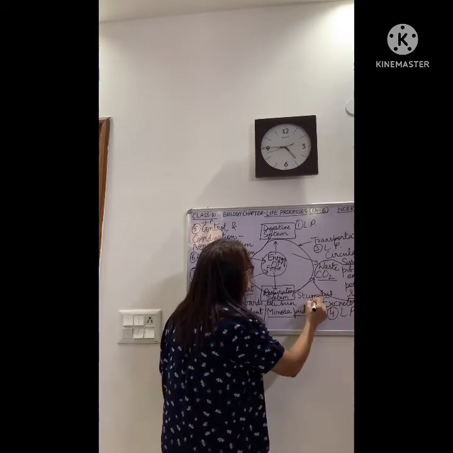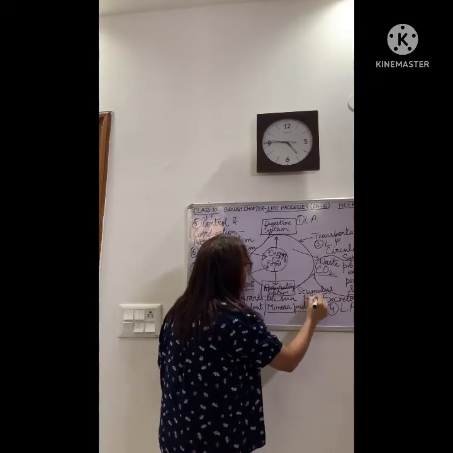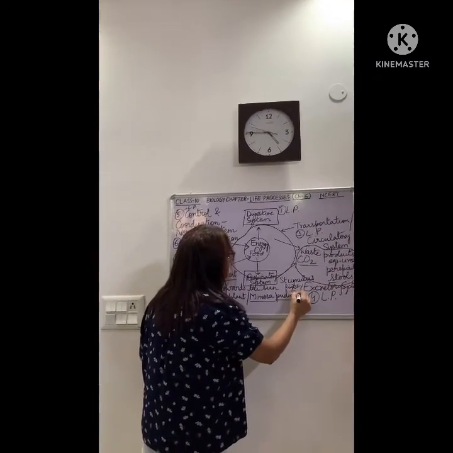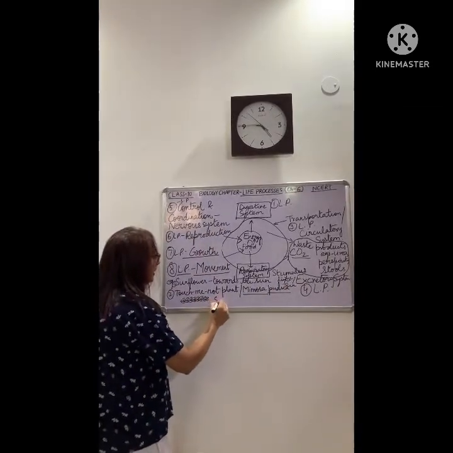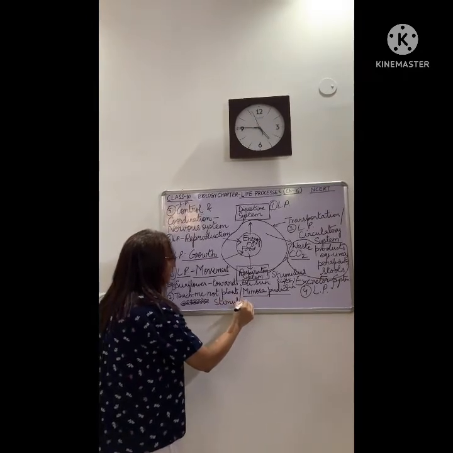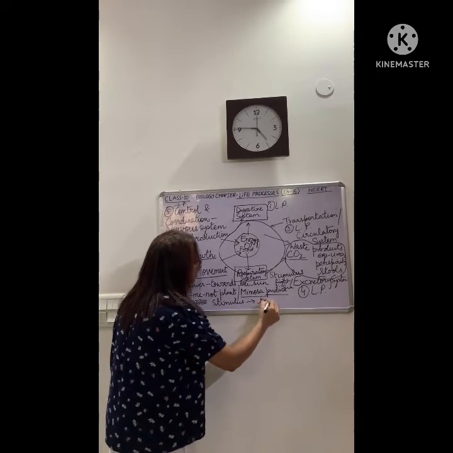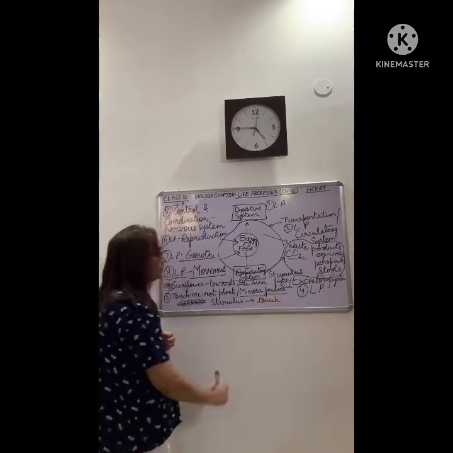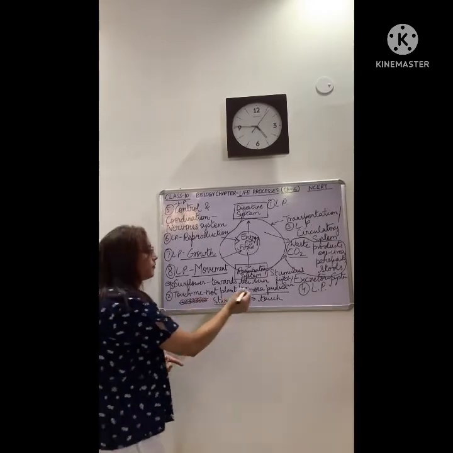In the case of the sunflower, it is the light, or the sun. And in the case of the touch-me-not plant, the stimulus is touch. I hope you understand the meaning of stimulus.